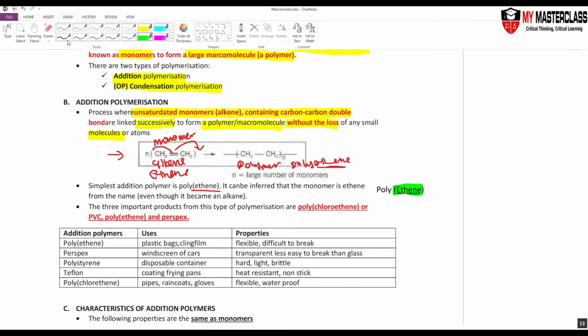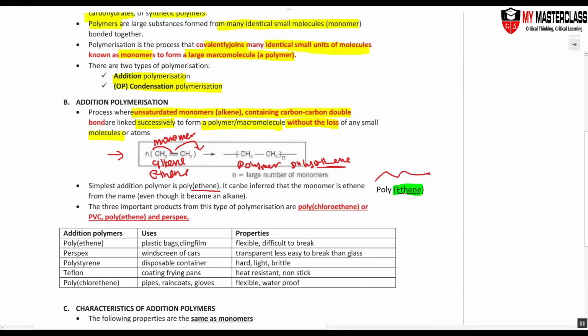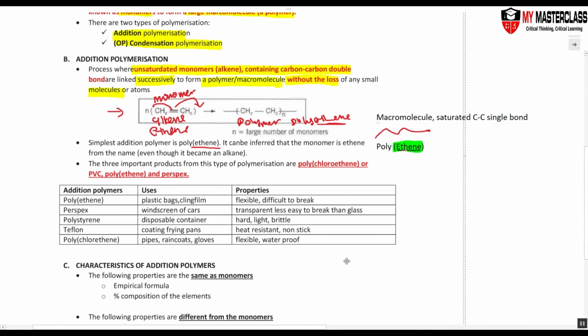So polyethene is a large macromolecule and is saturated with carbon single bonds. But when we name your macromolecule, I'm just going to put poly and the name of your monomer inside.